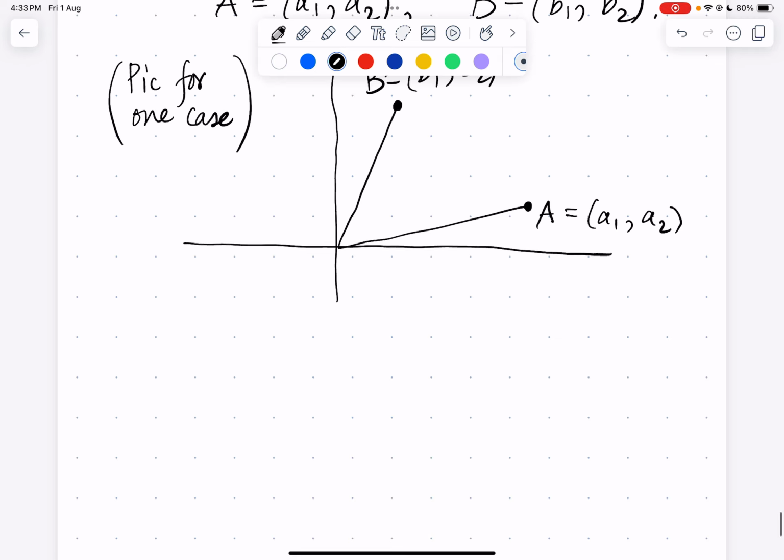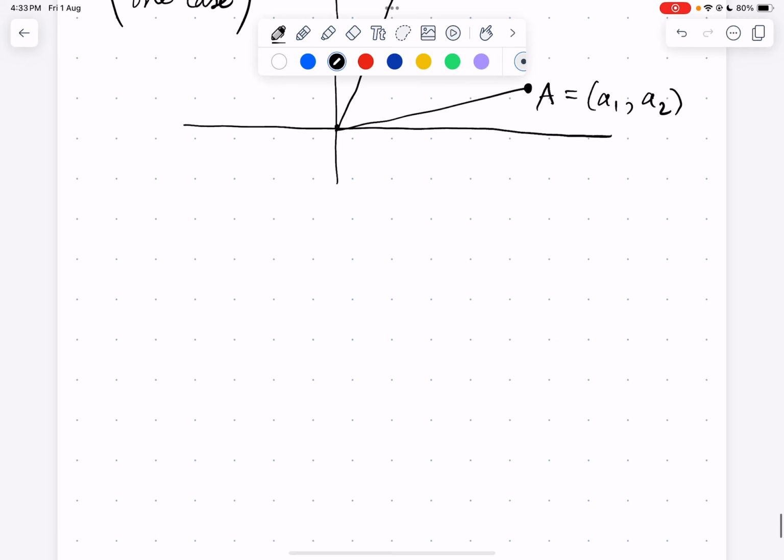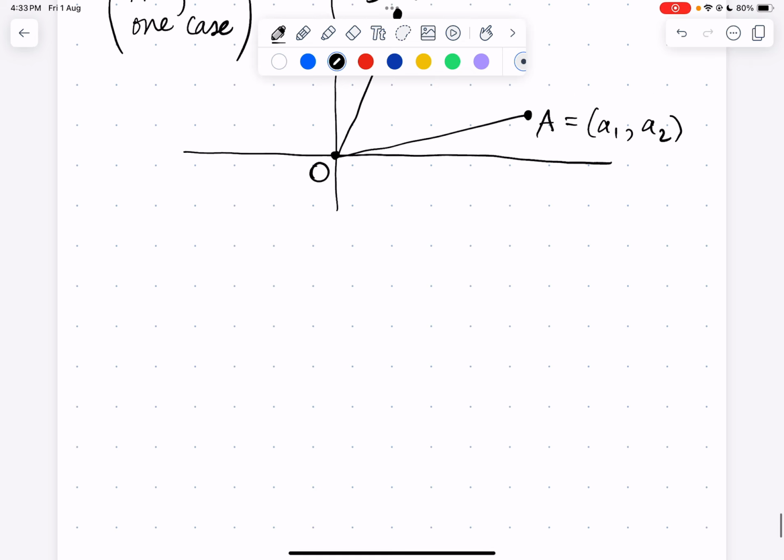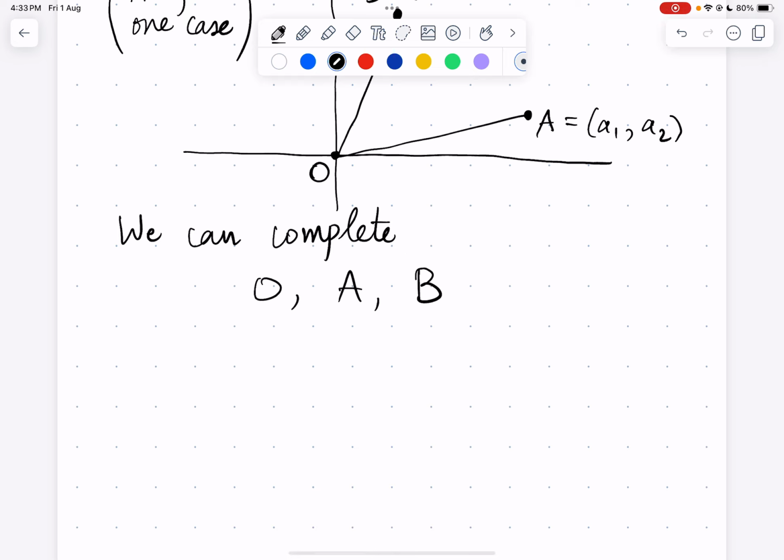So what we can do is, we have the origin here, O. We can complete O, A, B, these three points to a parallelogram.